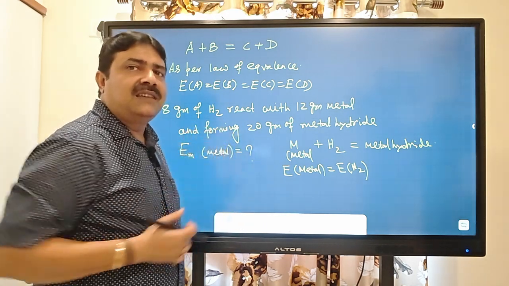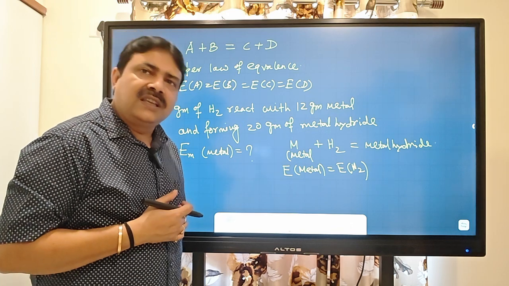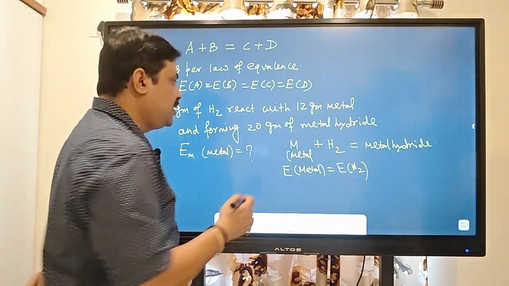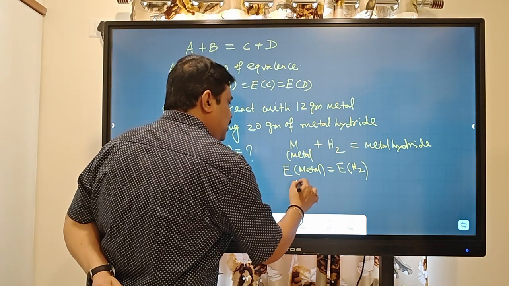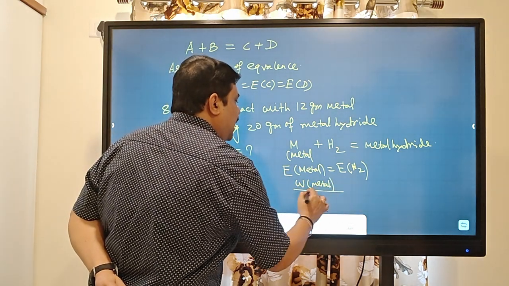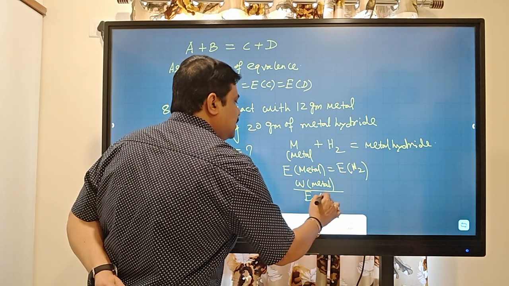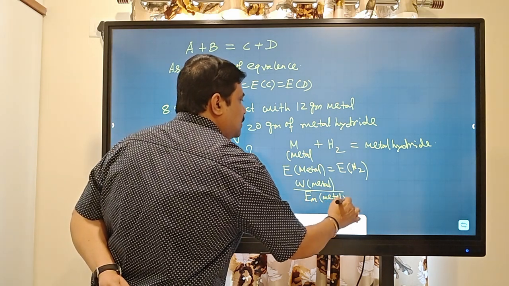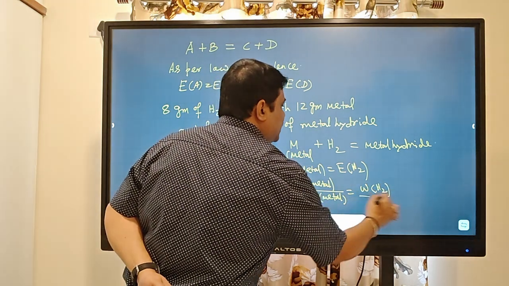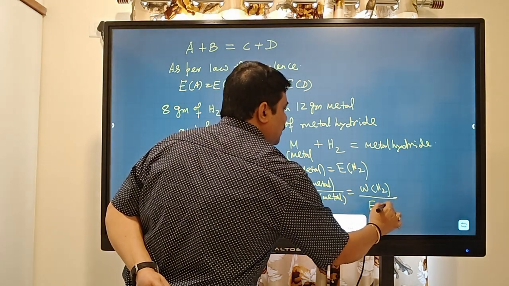Here I will utilize equivalence equals given weight of the substance divided by equivalent mass. So equivalence of metal equals weight of metal divided by equivalent mass of metal, which equals weight of hydrogen divided by equivalent mass of hydrogen.